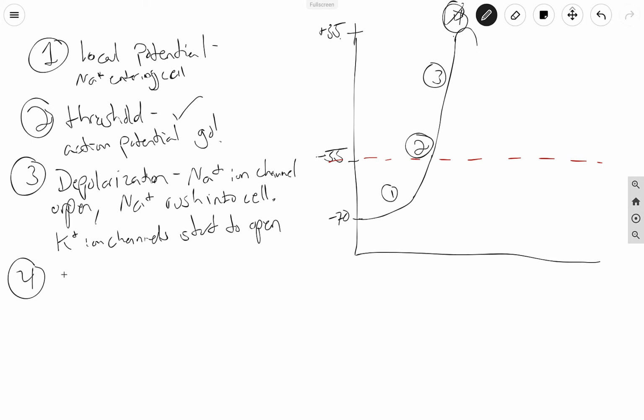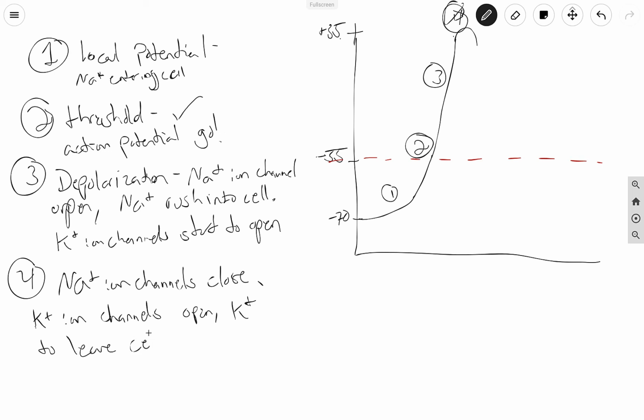The sodium ion channels are going to close, so there's no more sodium entering the cell. That means it's not going to continue to increase the positiveness. And the potassium ion channels open, so this is going to allow potassium to leave the cell.